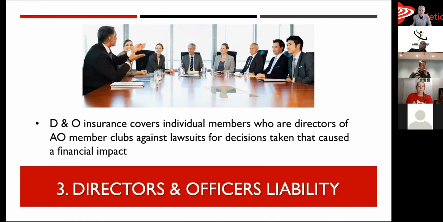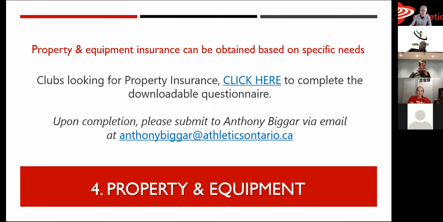And then the fourth one is property and equipment insurance, and that can be obtained based on specific needs. There's a form on the website that you can click on and download and then just email it to Anthony and we can get the insurance quote for you.